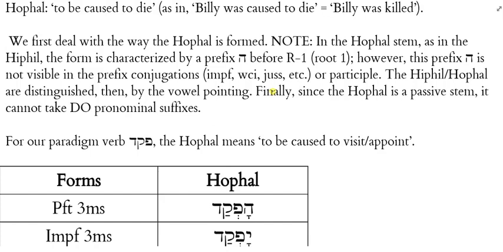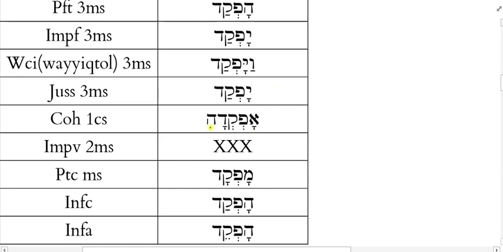Okay? Let me just go ahead and address that issue. Where you see the imperative, there is the triple X here, right? That means that it's unattested in Hebrew. There is no imperative of the Hophal stem. Why might that be? Well, the Hiphil stem is causative.